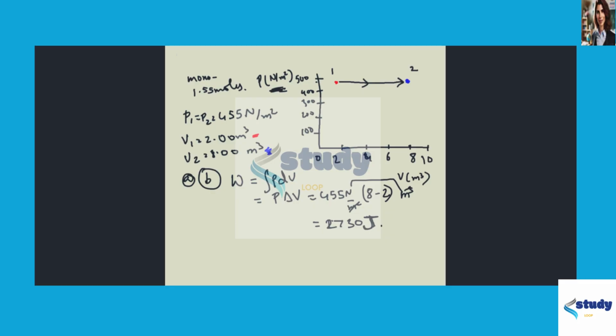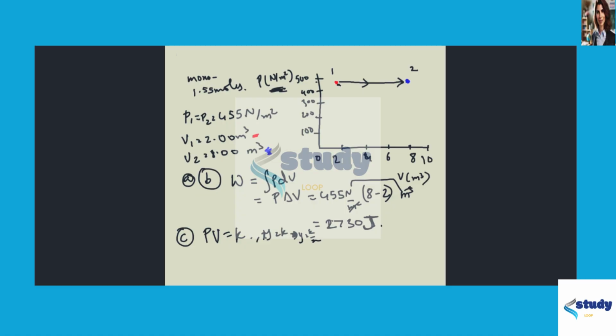Now, for part C, we want to think of a process where the system goes from state 1 to volume 8 meter cubed through an isothermal expansion. An isothermal expansion usually has PV equal to constant, which means it's of the form x times y is equal to constant, that is y is equal to k by x.